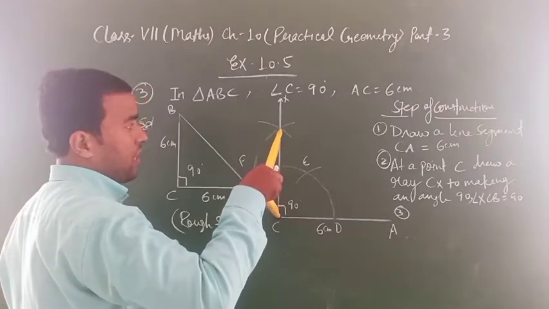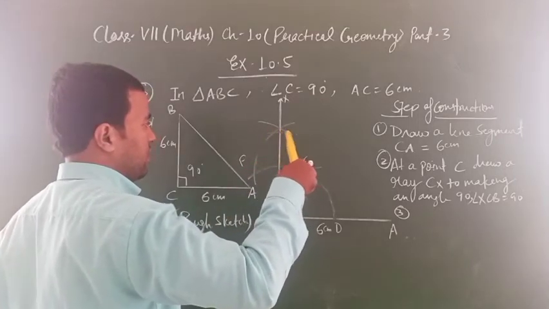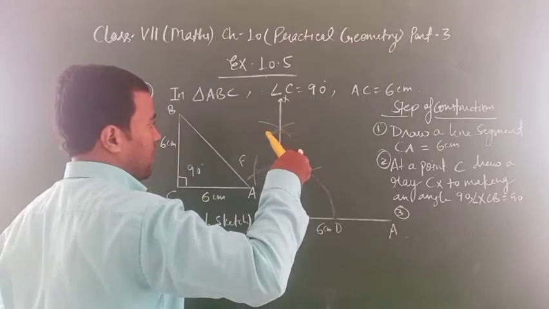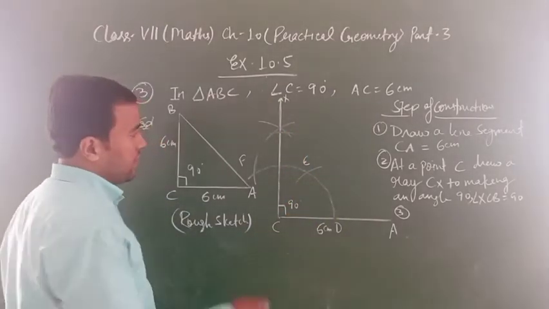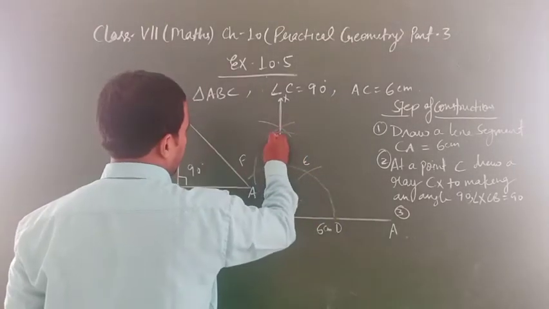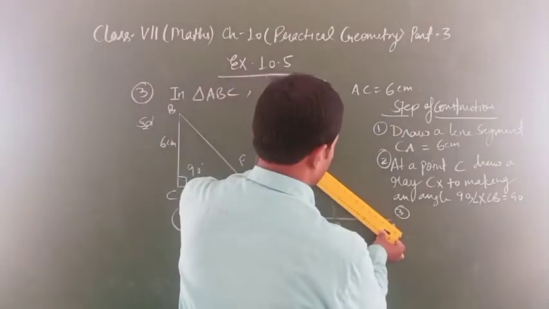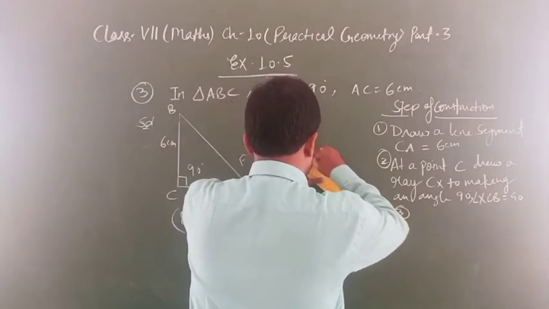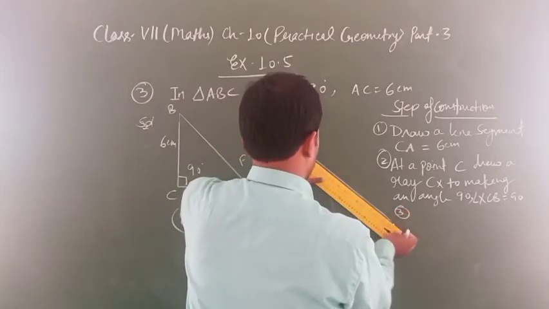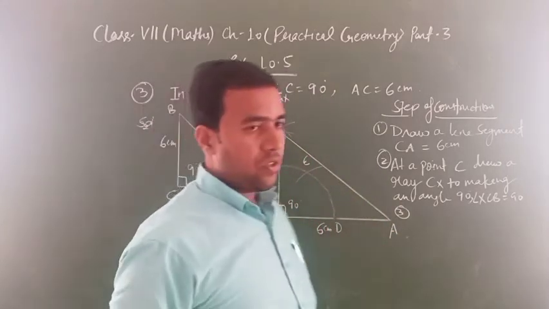Wherever it comes on CX, there you will cut. That arc name we will take B. Join AB. This distance is 6 centimeters.